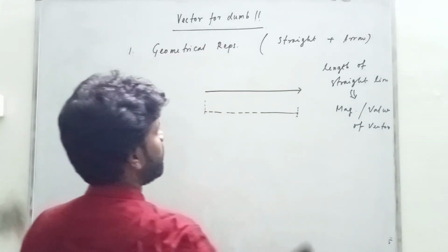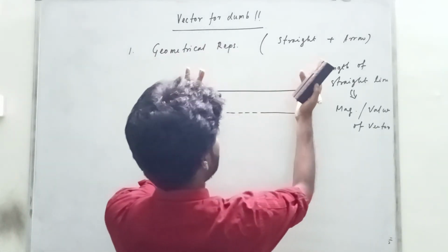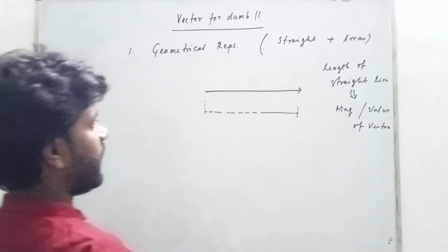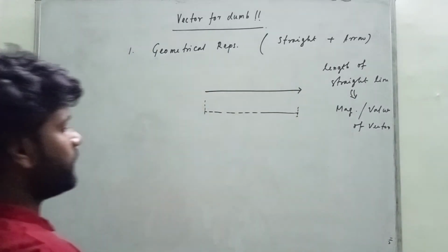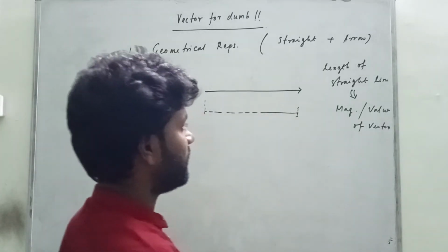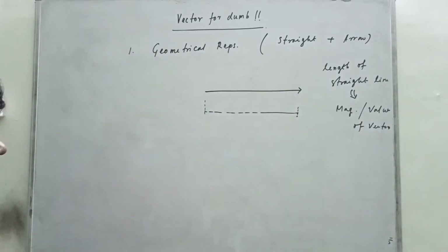The length of the straight line means the magnitude or the value of the vector, and an arrow indicates the direction of the vector.